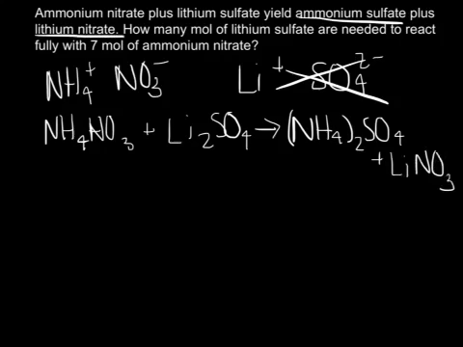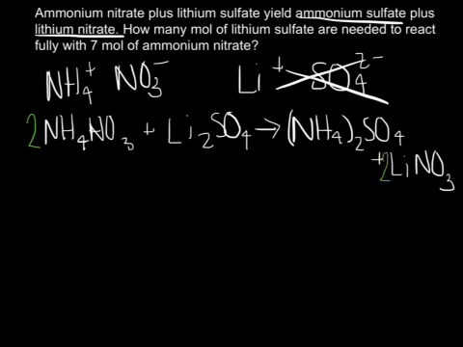Our next step is to balance. I'm going to balance without writing all the steps. So my balancing is going to look like this. I have 2 ammoniums, I have 2 lithiums, and now I'm balanced.